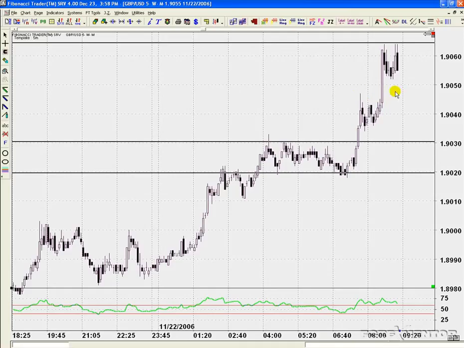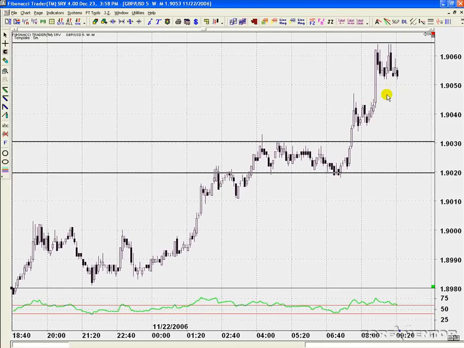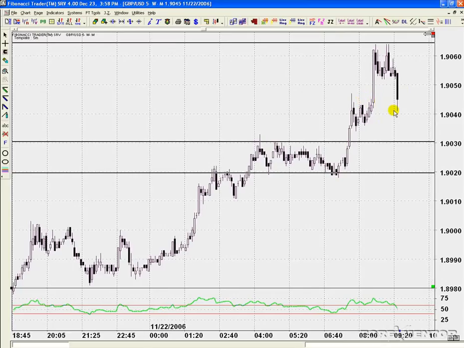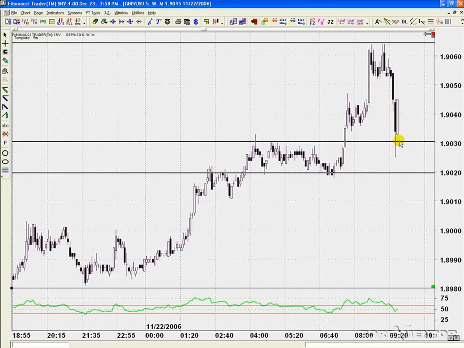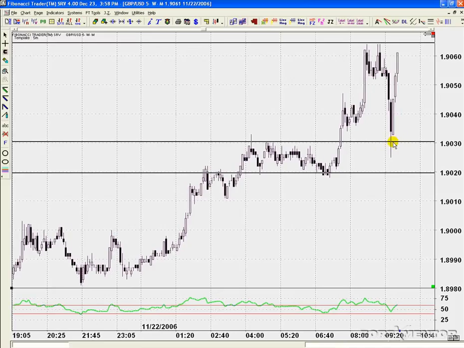And now we're looking at this level. We're currently consolidating here, and it has not pulled back yet. So now it pulls back here and even further. Finally comes back to the day's open and then responds.